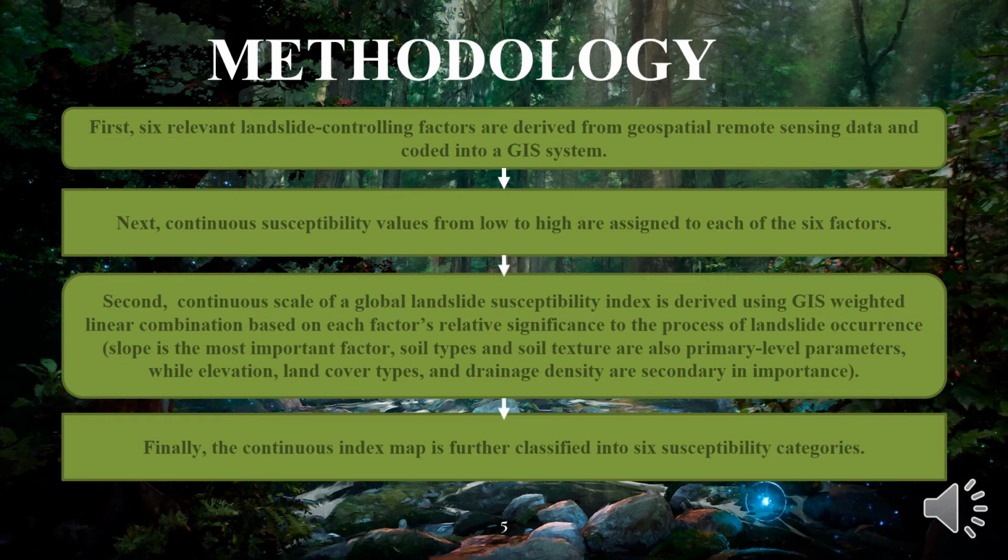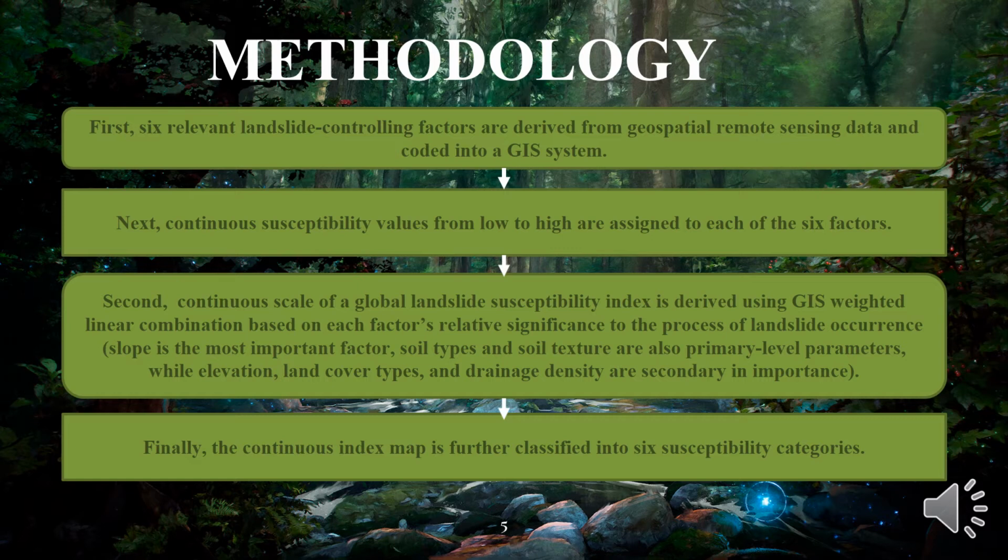For methodology, first, 6 relevant landslide controlling factors are derived from geospatial remote sensing data and coded into a GIS system. Next, continuous susceptibility value from low to high are assigned to each of the 6 factors. Second, continuous scale of global landslide susceptibility index is derived using GIS weighted linear combination based on each factor's relative significance to the process of landslide occurrence, which is slope is the most important factor.